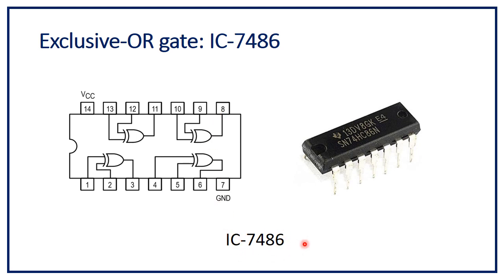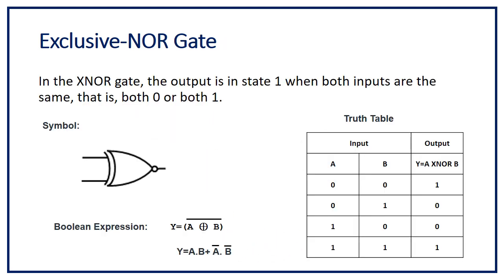Now the exclusive NOR gate. In XNOR gate, output is in state 1 when both the inputs are same, that is both 0 or both 1. So in the case of exclusive NOR gate, your output will be 1 if both the inputs are same. See, this is the symbol of XNOR gate.